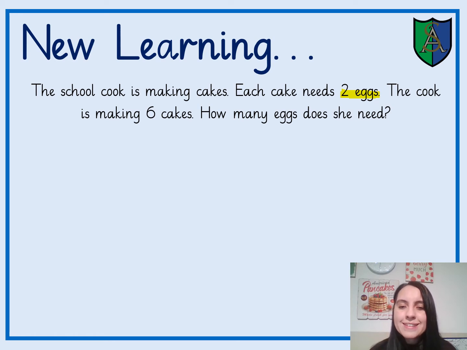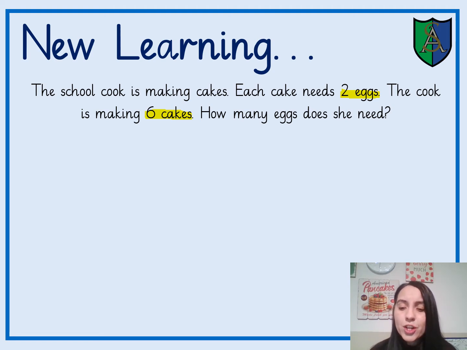The cook is making 6 cakes. How many eggs will she need? Oh, another piece of key information. 6 cakes. So what we're looking for here is 6 cakes with 2 eggs on each. We're looking for 6 groups of 2, aren't we?